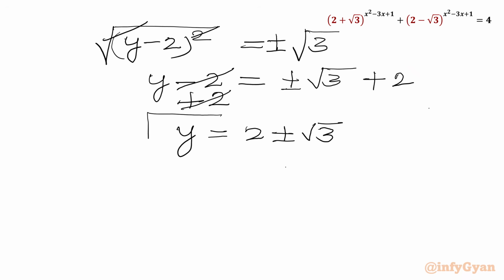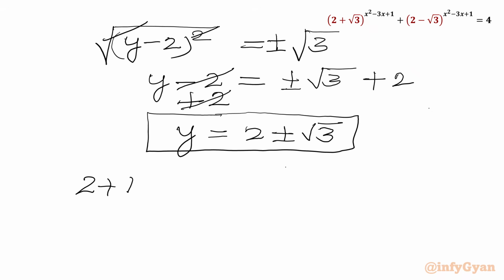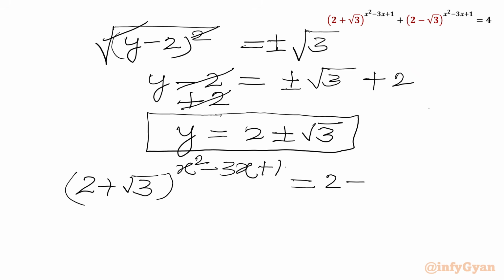Now y was our substitution. It was 2 plus square root 3 with whole power x square minus 3x plus 1 will be equal to 2 plus minus root 3. We will write 2 plus root 3 and 2 minus root 3.